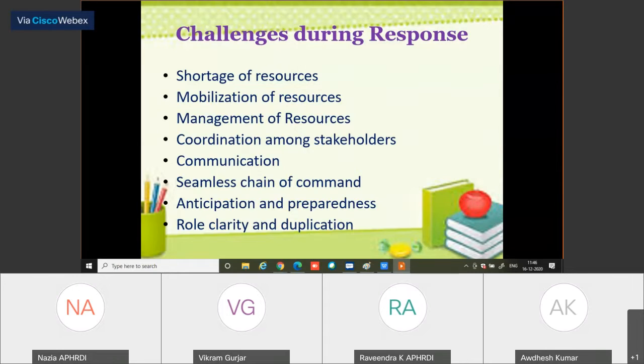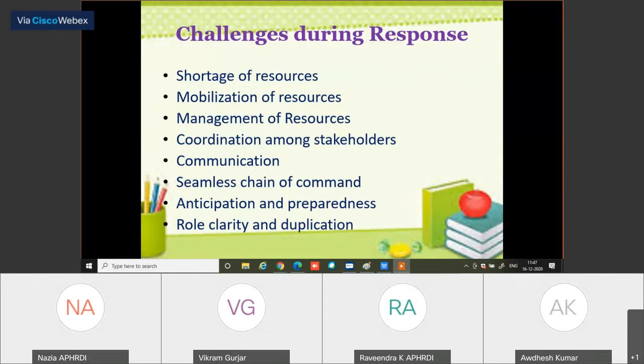We need efficient communication, integrated and foolproof communication, because communication is the backbone of any operation, and all these response activities are basically operational activities. Without effective communication, we cannot have an optimum, foolproof response action.